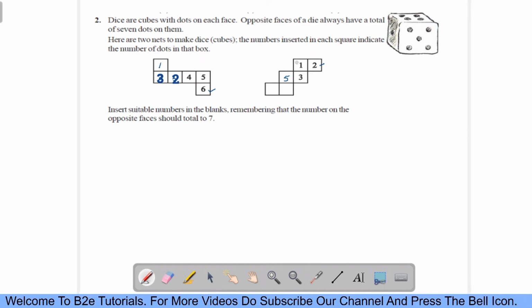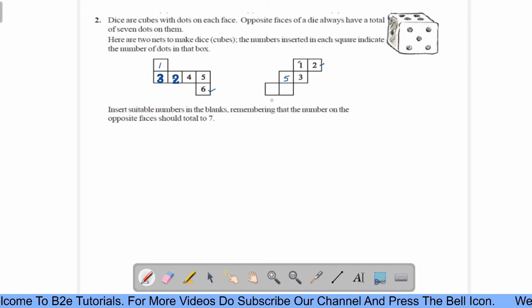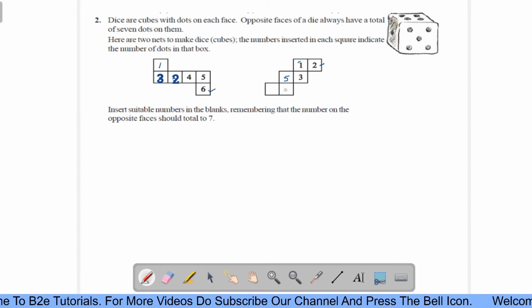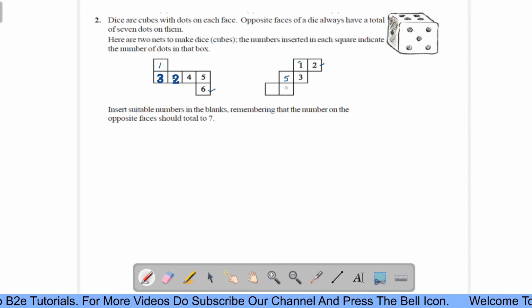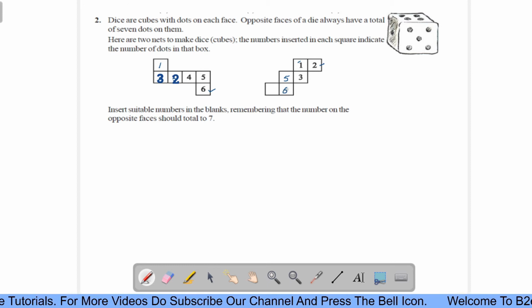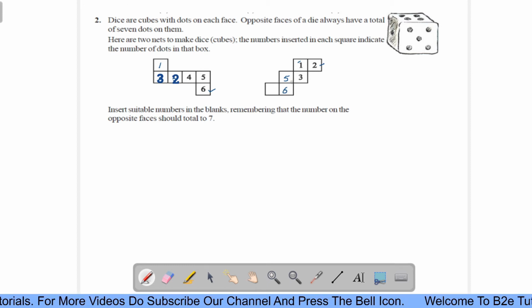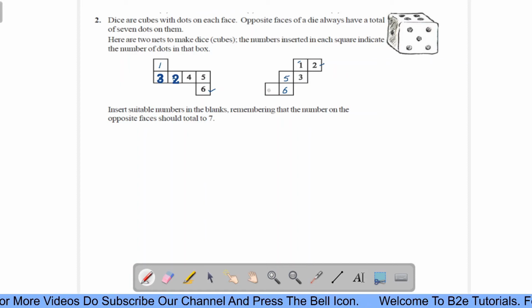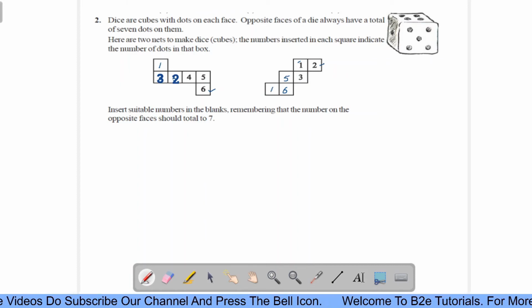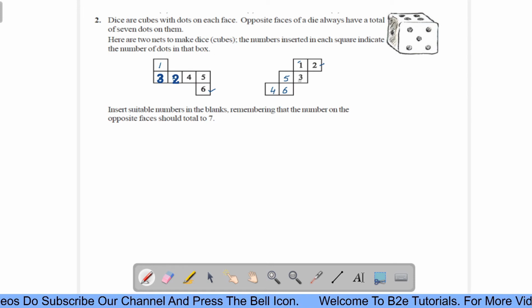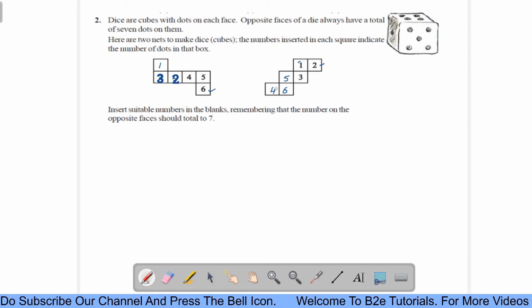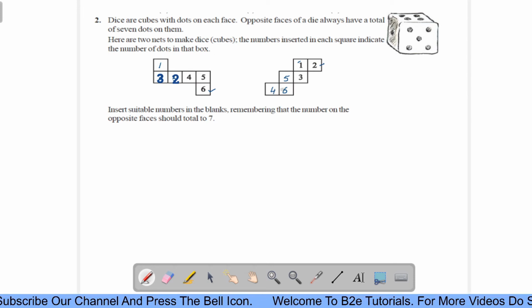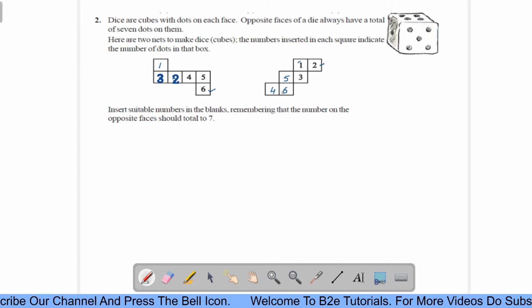Now this is 1. What is the opposite face of this? This will be this one. Here we should write 6 so that 6 plus 1 becomes 7. And here we should write 4. Opposite side will be this one. 4 plus 3, it is 7. So these are your answers.